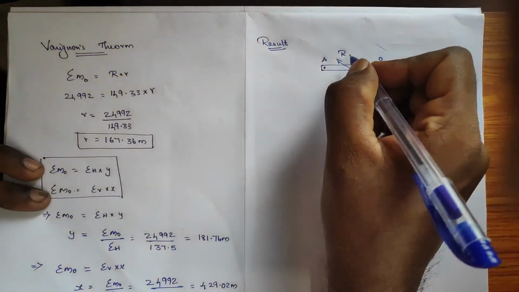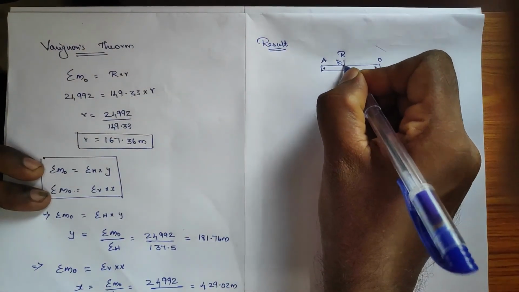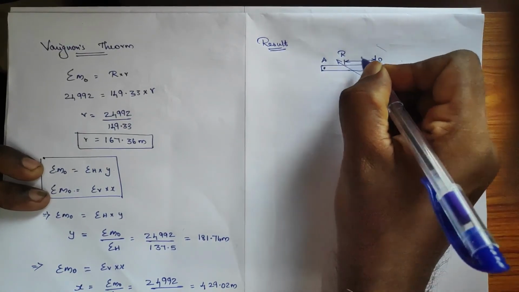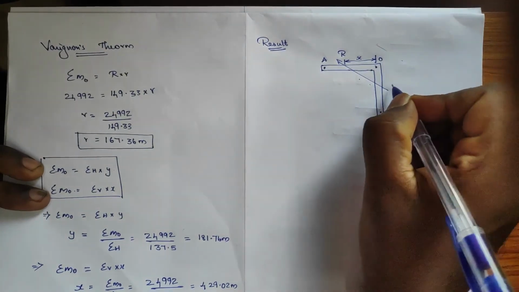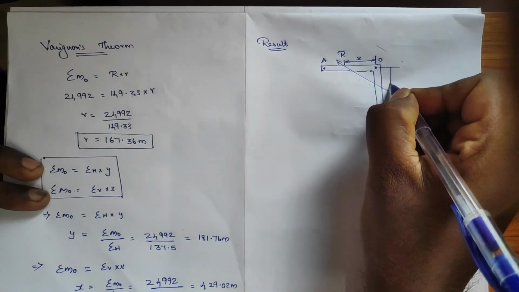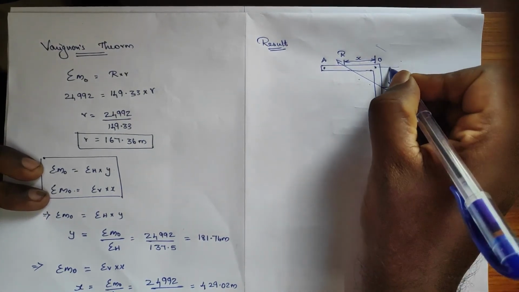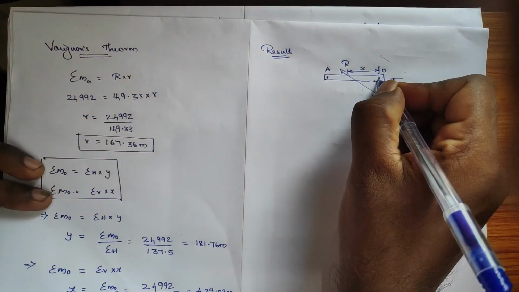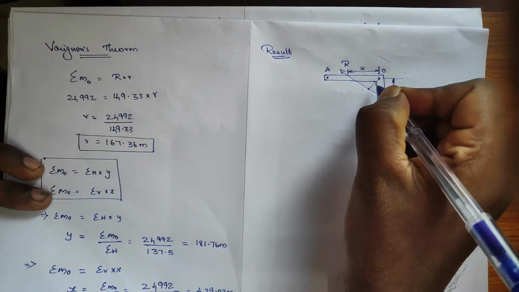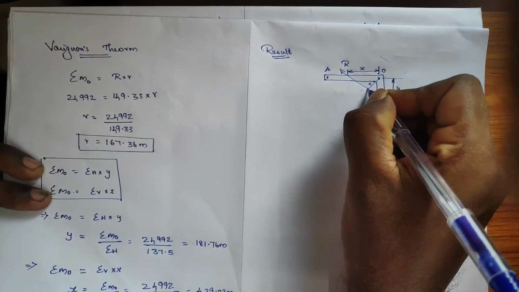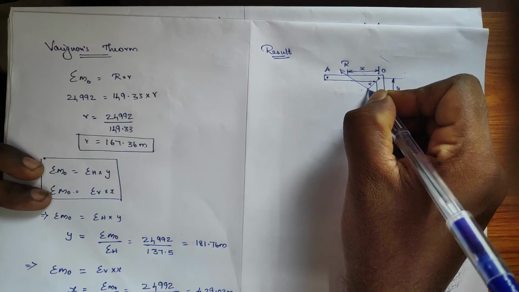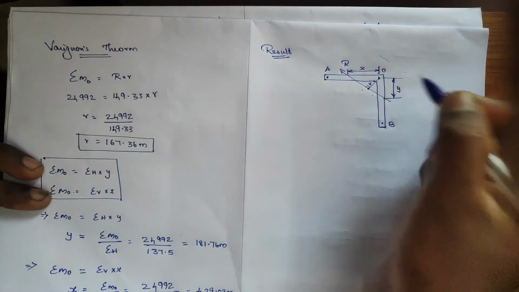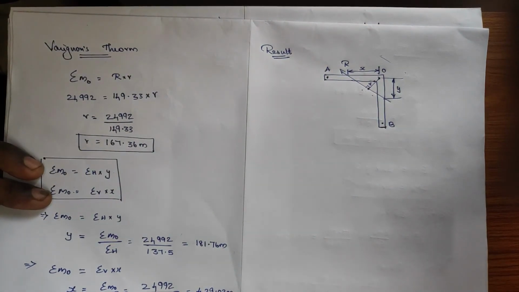When you mark the x, here will be the x distance, and when you mark the y distance, this would be the y distance. We can take the measurement as well. When you mark the perpendicular distance from the line of action, taking the 90-degree line about point O, you get the r. You can note the r.